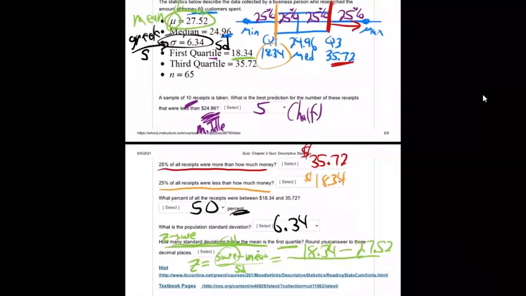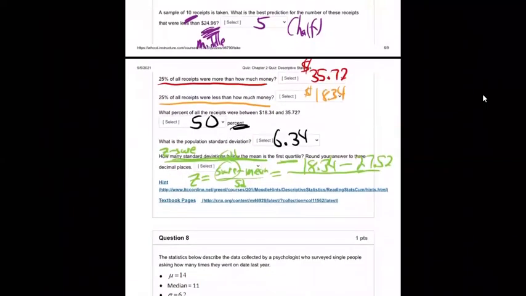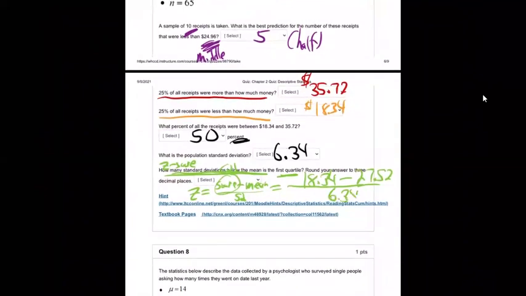Over the standard deviation. What's the standard deviation? It says 6.34. So divide in the calculator. Make sure you hit enter, then hit divide. You got to hit enter before you hit divide, or it won't come out right. So let me see. I'm getting negative 1.4479.